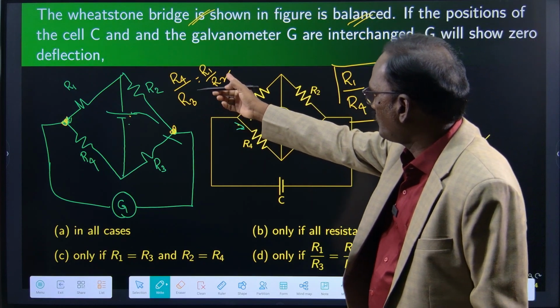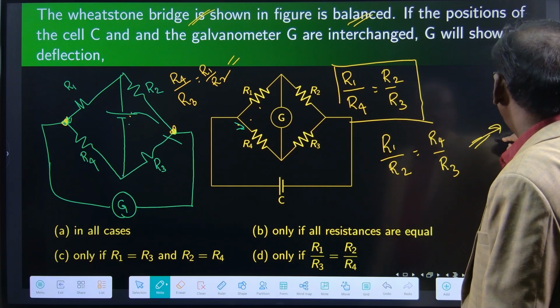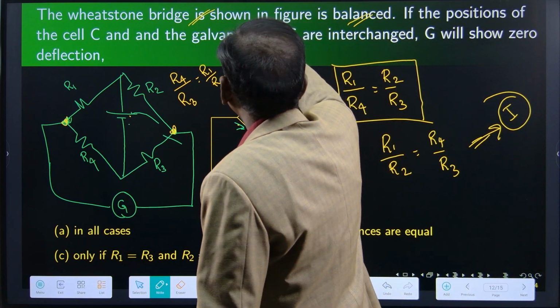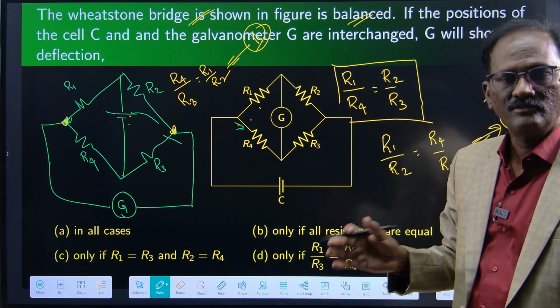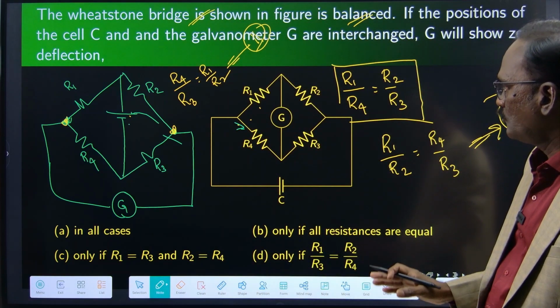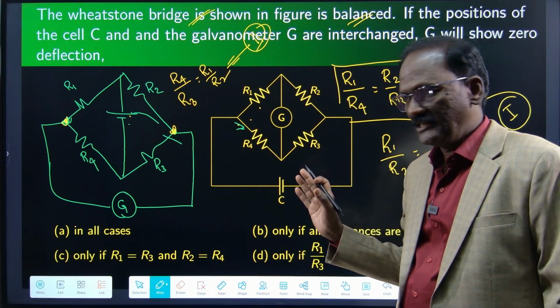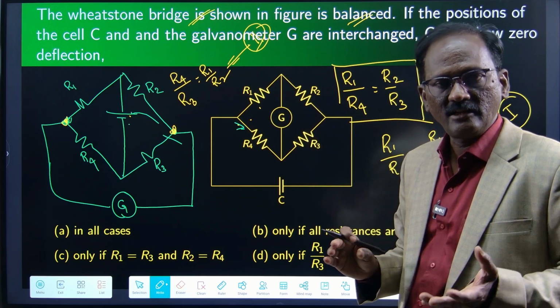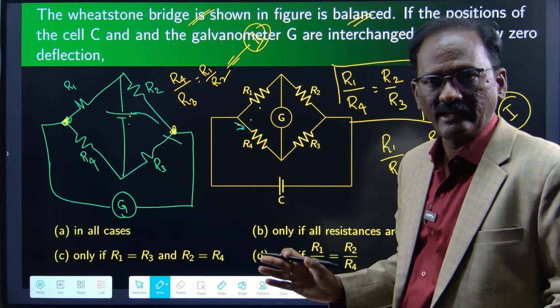Here it is also R1 by R2 is equal to R4 by R3. If you compare these two equations, equation 1 and equation 2, you will come to know that both are the same, right? So if it is a balanced Wheatstone bridge, even if you replace the positions of the cell and the galvanometer, nothing will change. The balanced network remains balanced, right?